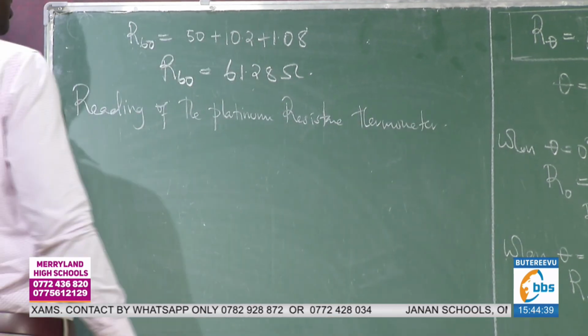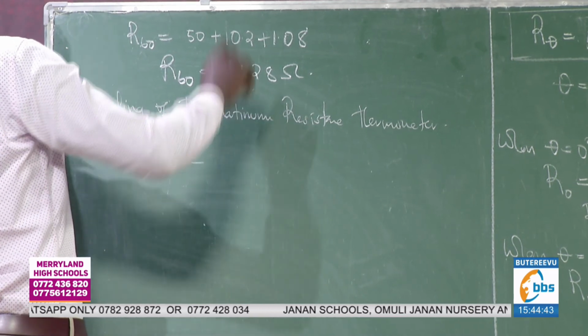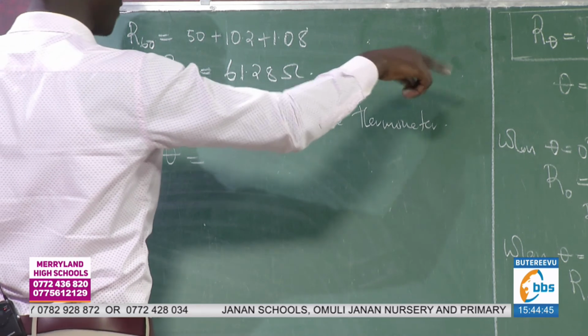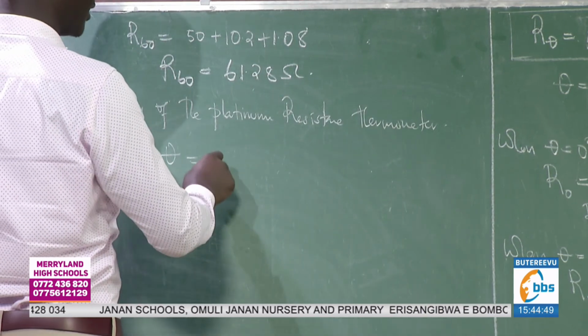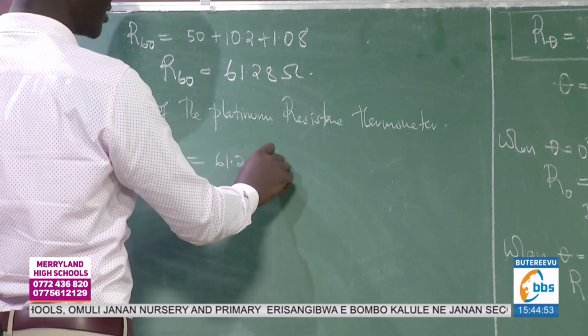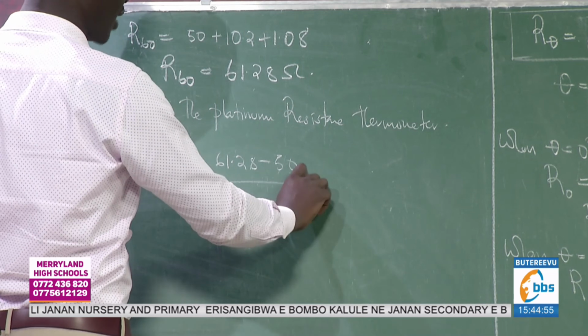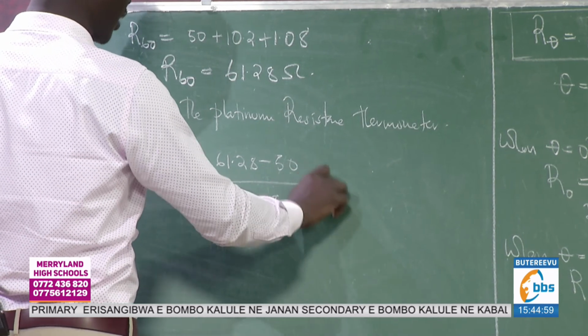Reading of the platinum resistance thermometer. So, for the platinum resistance thermometer, when the constant volume gas thermometer has read 60, for it, it will read the value 61.28 minus 50 divided by 70 minus 50 multiplied with 100.